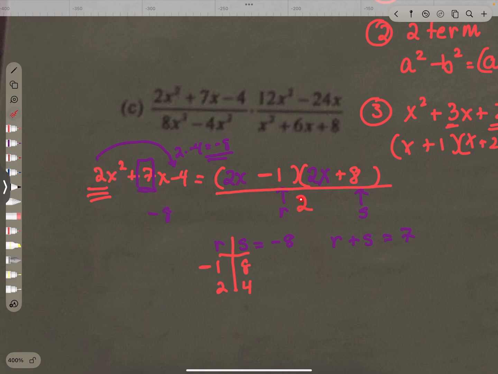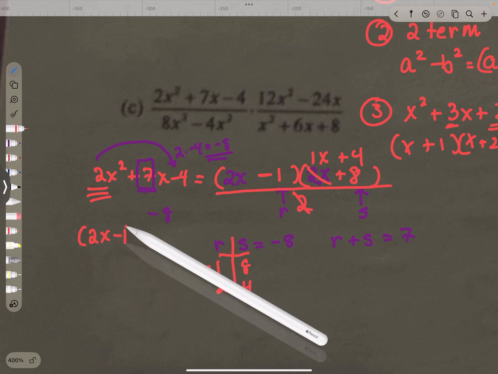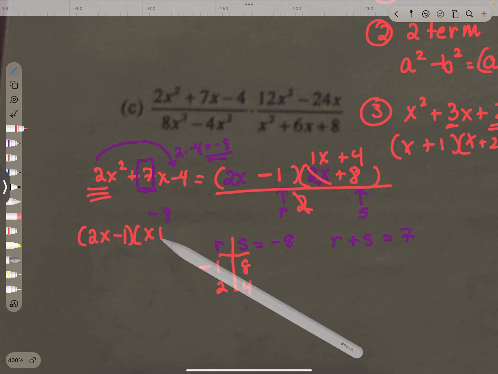I look at this 2 and say, well, it has to be divided out because my answer doesn't have a 2 in the denominator. I check the first binomial. Can you divide by 2? No, you can't. I check the second binomial. Can you divide by 2? Yes, you can. So I divide that one by 2, and that makes this a 1x plus a 4. And that is the factorization for that trinomial.